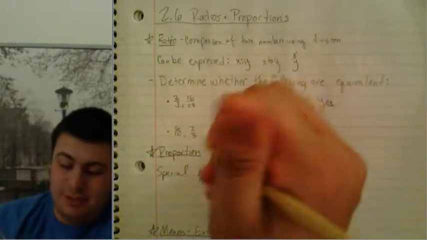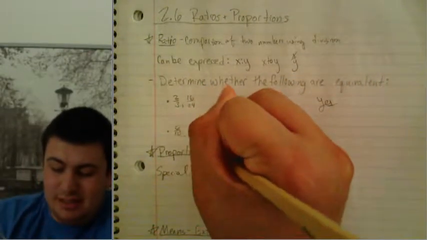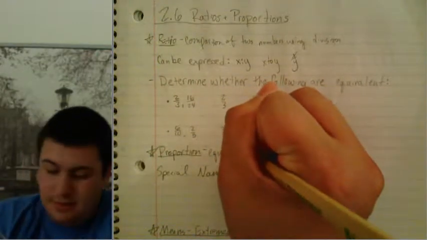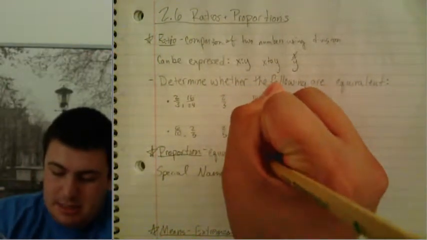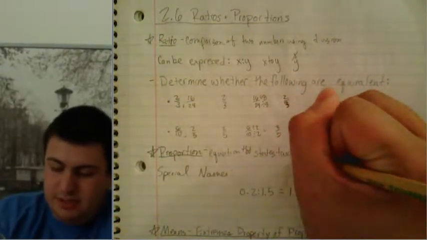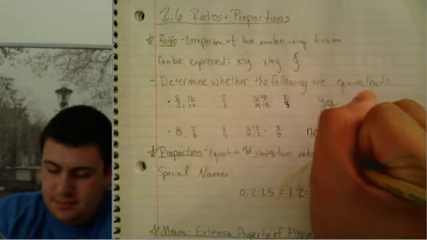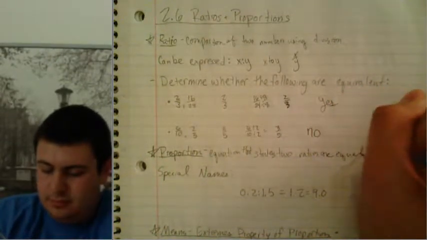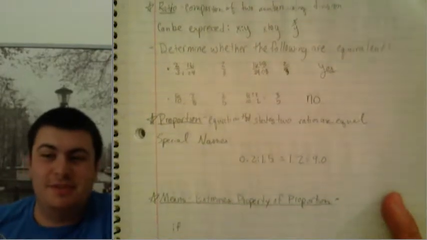When dealing with proportions, a proportion is an equation that states two ratios are equal. And there are special names for certain things in equations.